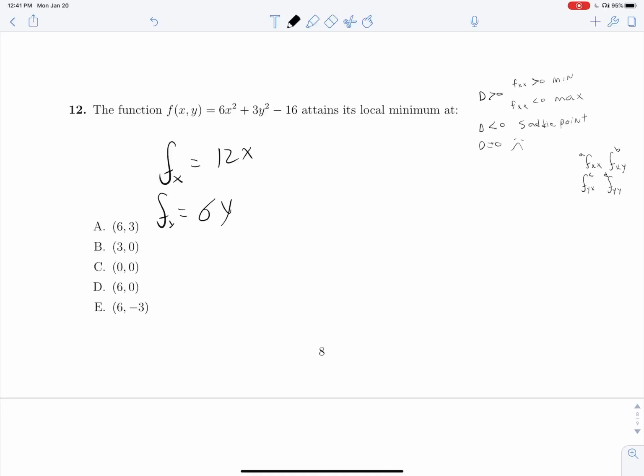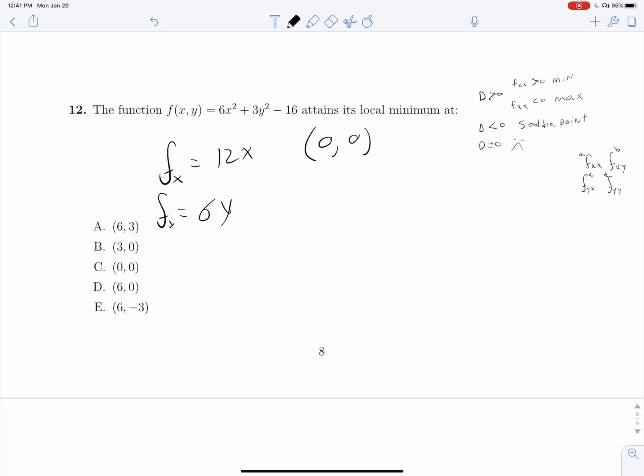And we know that the only possible points that we can use to evaluate our matrix are the critical points, and critical points can only occur when both fx and fy are equal to 0. And we can see in this case, this is only true when x equals 0 and y equals 0. So this is our critical point.